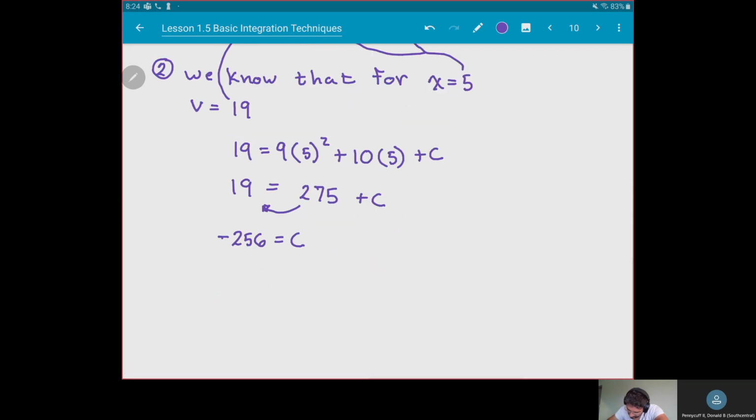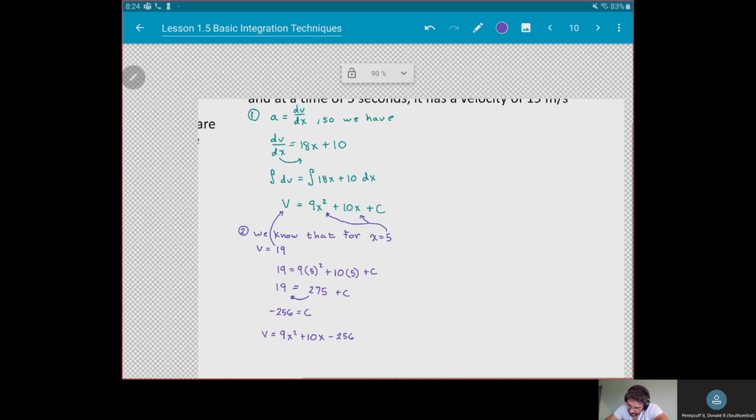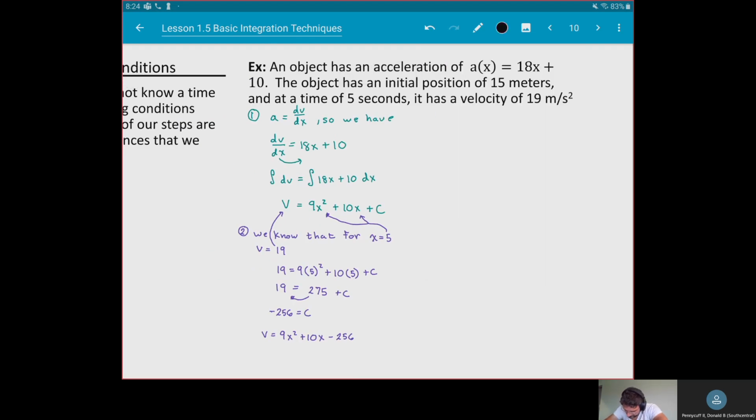So my final equation is v equals 9x squared plus 10x minus 256. Boom. So there's the velocity. Now the next thing they want me to find is the position.